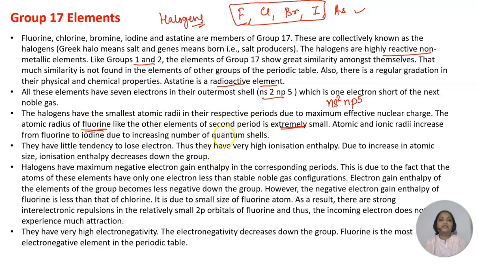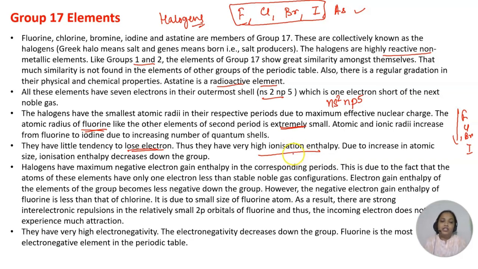And when we move down the group from fluorine, chlorine, bromine, iodine, the atomic size increases because of the increase in the number of shells. Now they have little tendency to lose electrons. Of course, they have 7 electrons, so they want to gain electrons. That is why they have high ionization enthalpy, so a lot of energy would be required to remove an electron in any case.